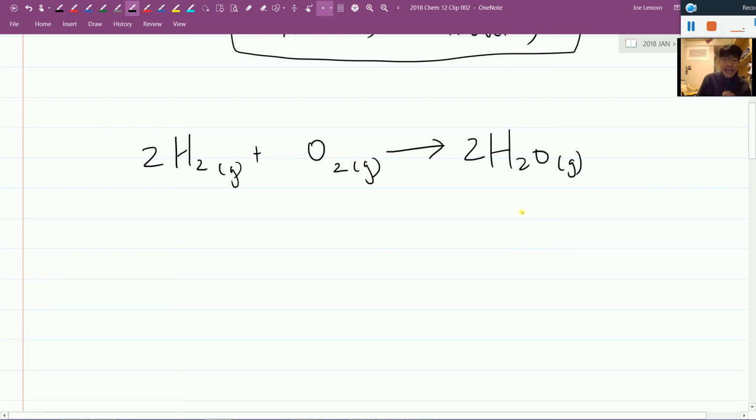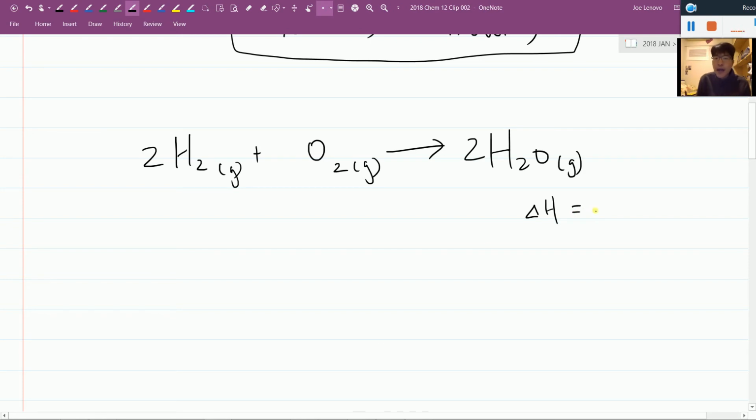Lots of times in this course, it asks you to write something called thermodynamic equations. Thermodynamic chemical equations, not just the equation, we have to add one more piece of information at the end, which is called delta H, and delta H means heat change. If you can't remember what delta H means, go back to the last video. I explained that delta H means the energy changing between the system and the surrounding.